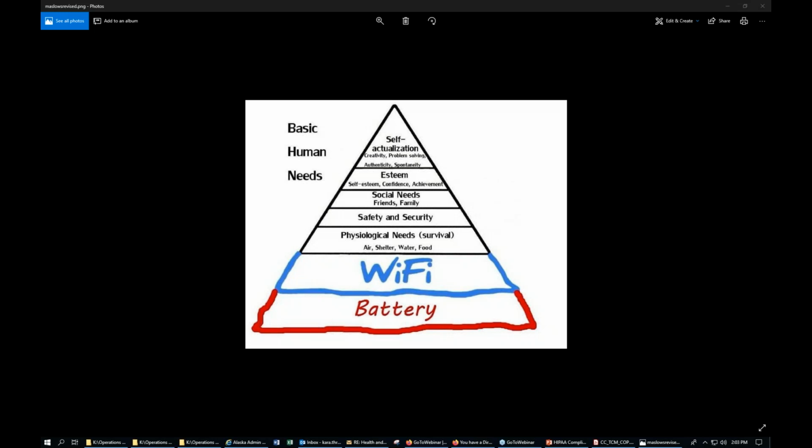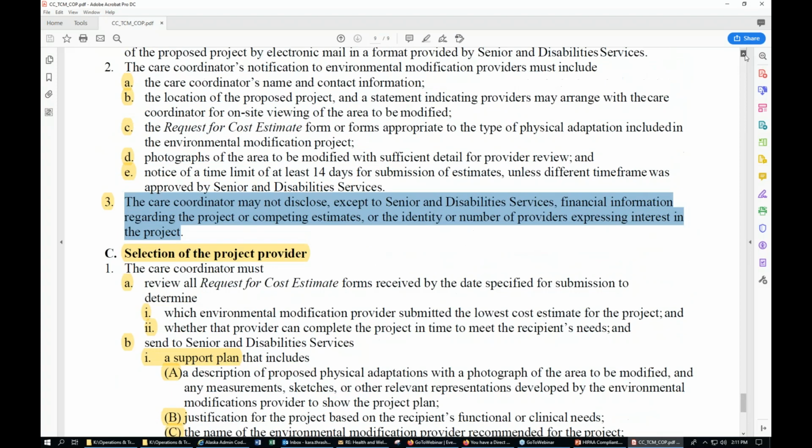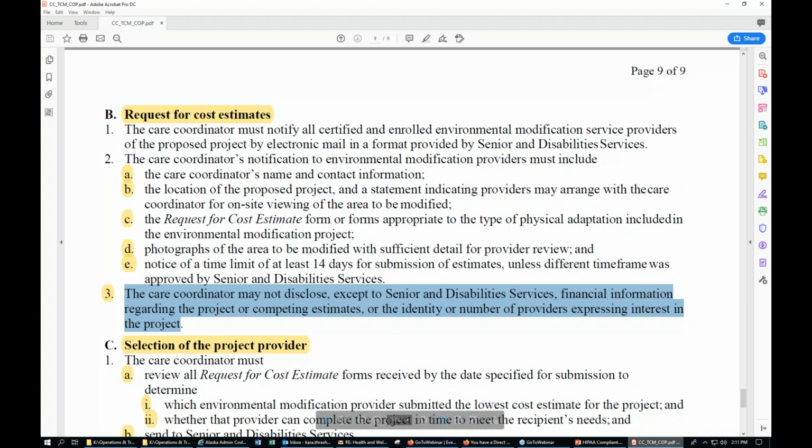All right, let's finish talking about our process here. I'm going to get my file ready. Okay, so your process for this top part here, request for cost estimates.